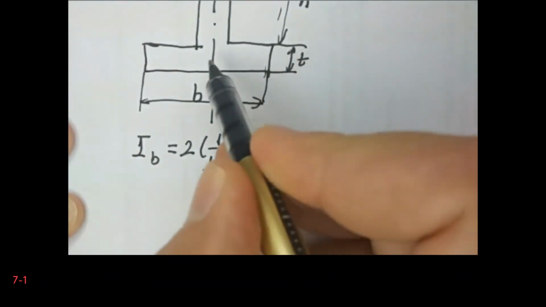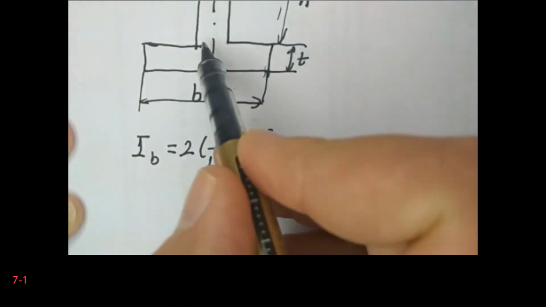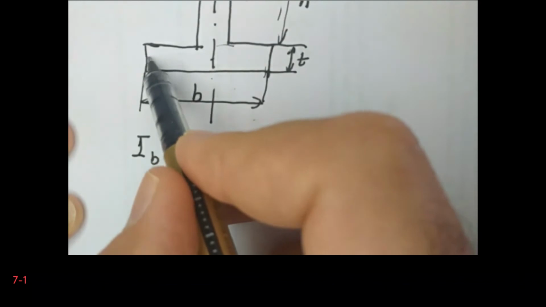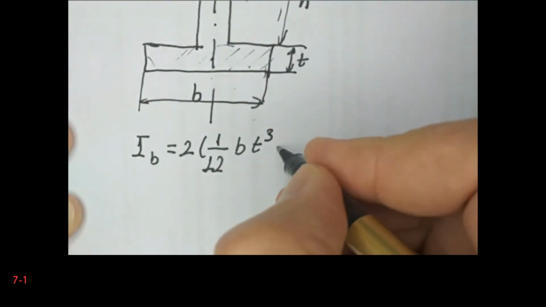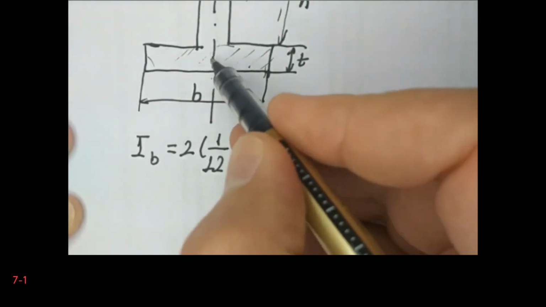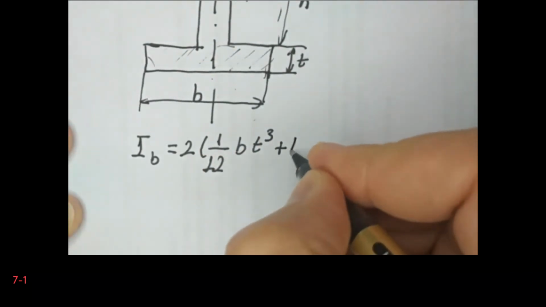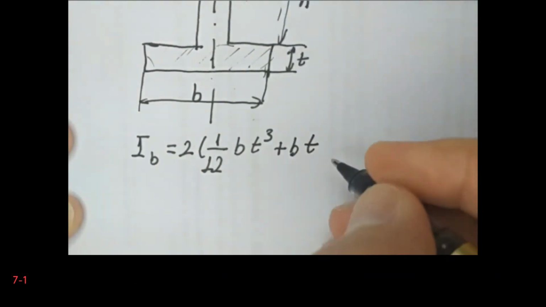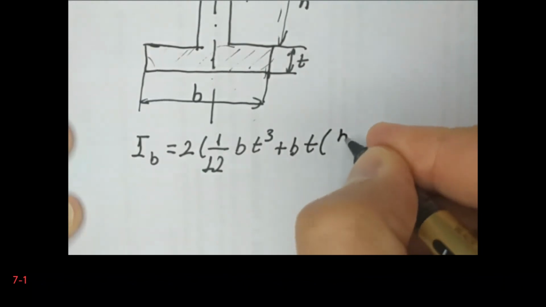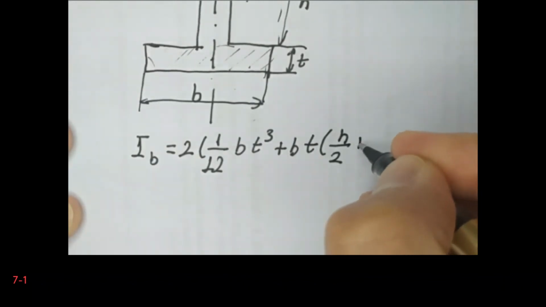So this is with respect to its centroid of this area. Now we need to shift it to the neutral axis. The area is B multiplied by T, and the distance to the neutral axis is H divided by 2 plus T divided by 2.